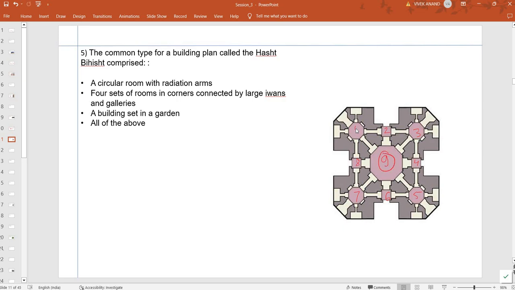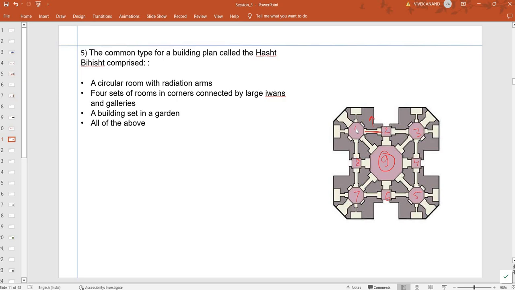So basically, this is termed on these eight paradises, and these structures are connected by galleries and pavilions. There is no specific name for this. And on every side there are large Ivans.